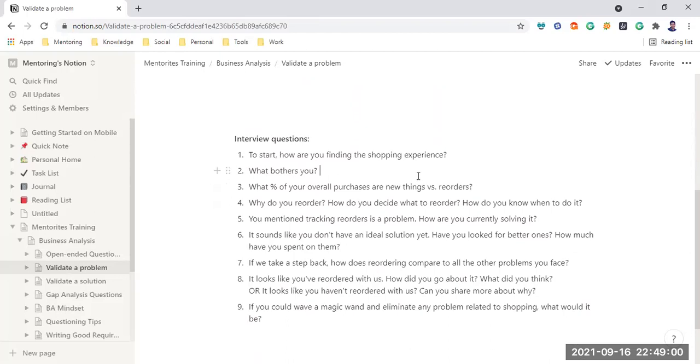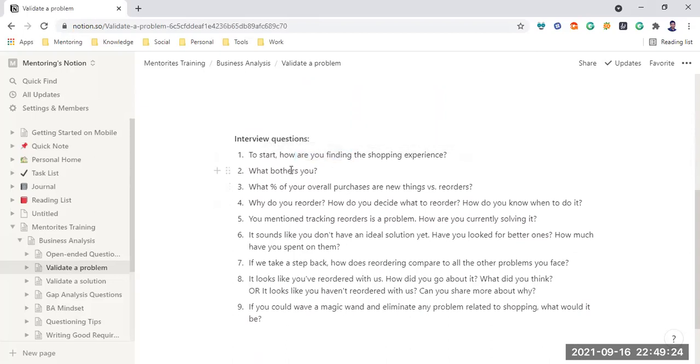Here are some sample questions that you can ask a user who's facing an issue with sorting transactions or orders on a shopping site. You start with, how are you finding the shopping experience? This is a general open-ended question. Then you ask, what bothers you?